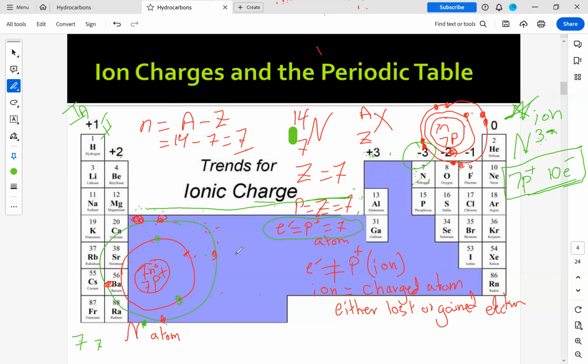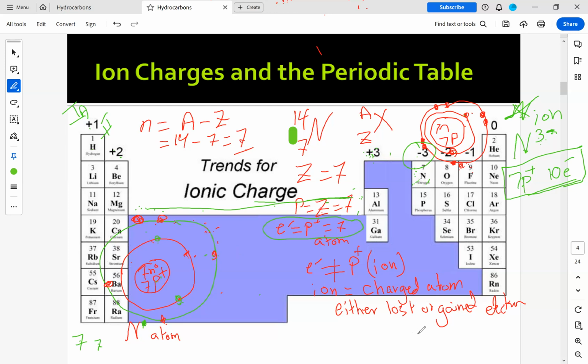We call them transition elements. Transition elements have more than one charge. They change their moods. Sometimes they have 3 electrons in the outermost shell, others they accept more.